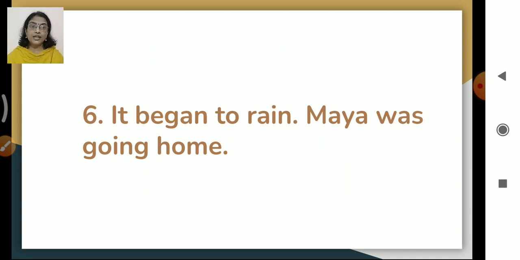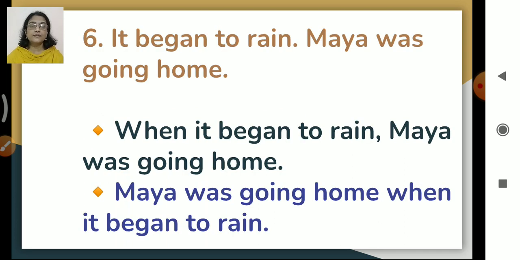It began to rain. Maya was going home. So, answer is, when it began to rain, Maya was going home. And the second one, Maya was going home when it began to rain. Followed what we did, children? In the first sentence, when we used when in the beginning, what we did? We didn't change the sequence of the sentences.